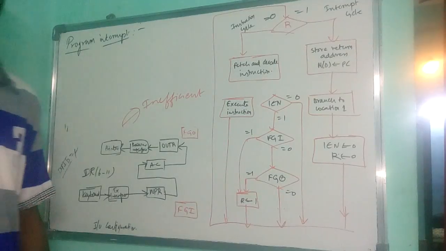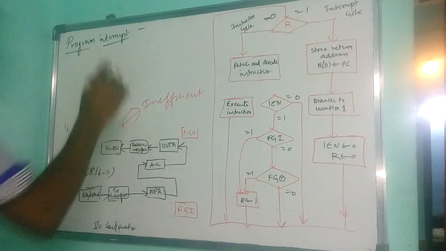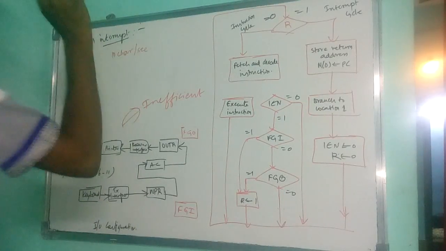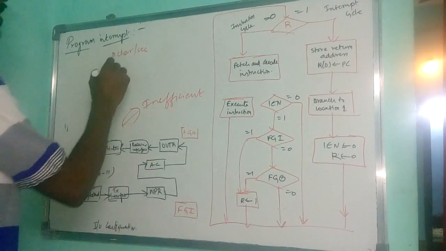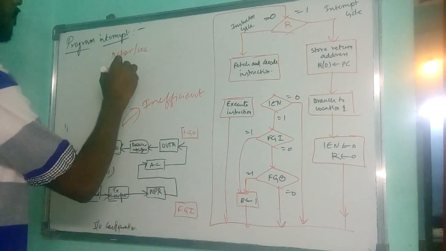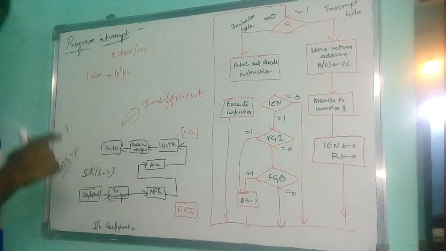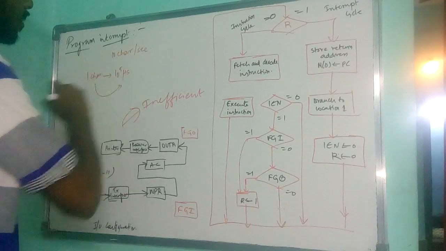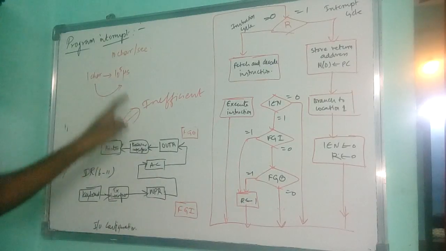Why? Because suppose we consider an input output device which can transfer 10 characters per second. That means it transfers 1 character for every 10 to the power 5 microseconds.